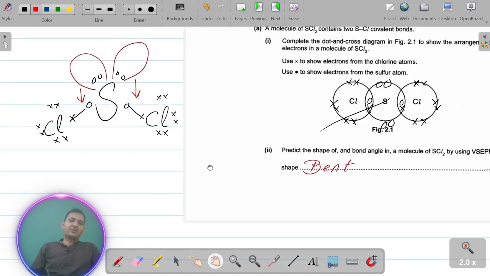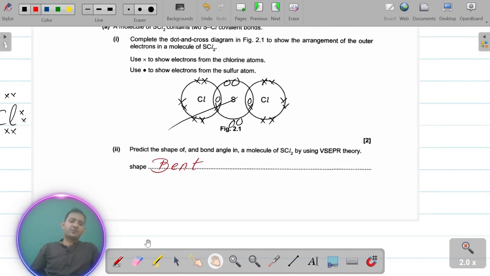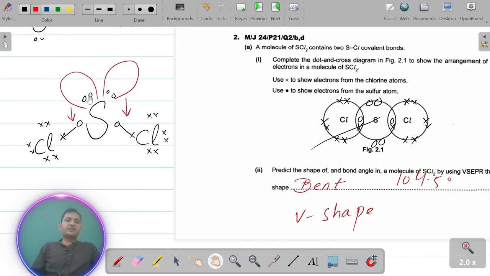The bond angle is 104.5 degrees. So bent or V shape. Why? Because the lone pairs of electrons around the central atom, sulfur, repel the bond pairs, so that is why the molecule makes a V shape. Okay.